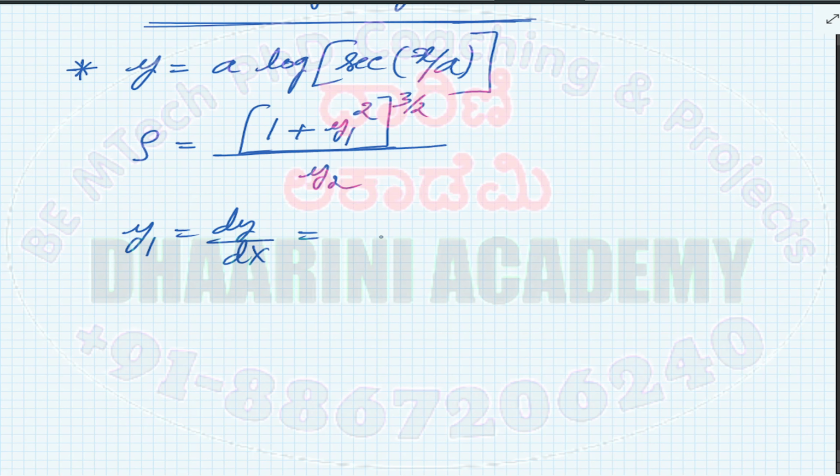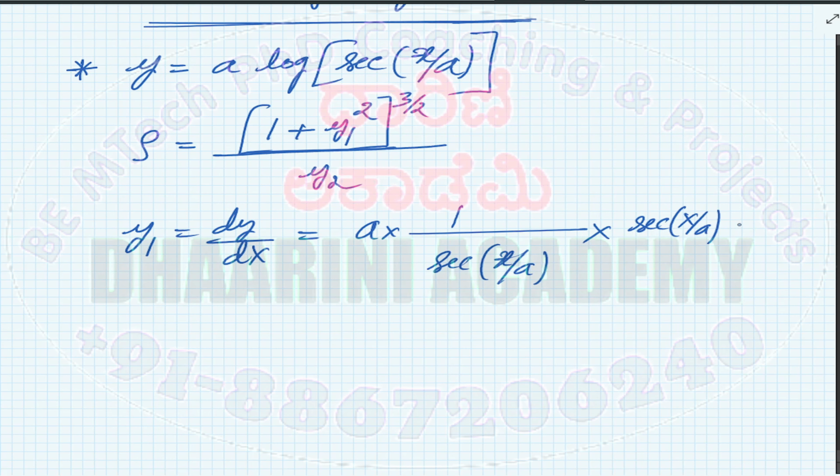That is equal to, given function you differentiate. So a is a constant, log of something is 1 divided by secant of x by a, into differentiation of secant, which is secant of x by a into tan of x by a, into differentiation of x by a, which is 1 by a.